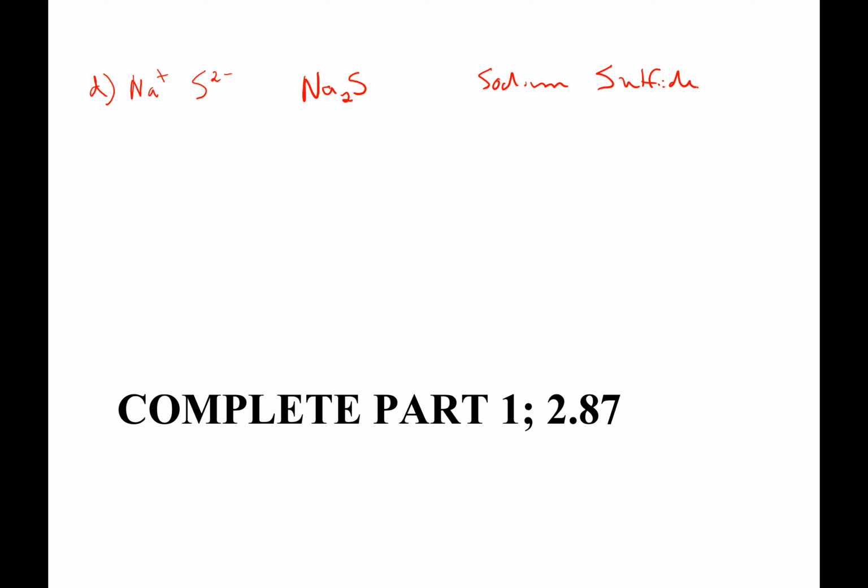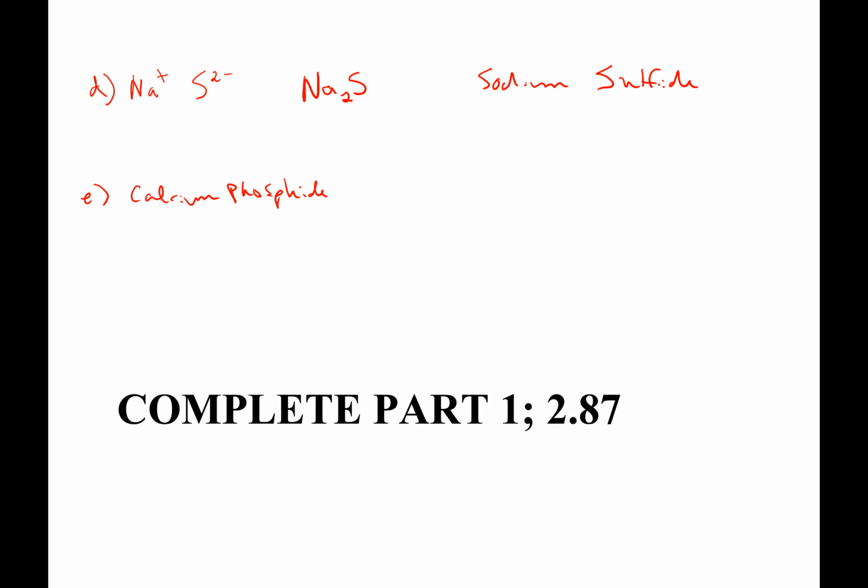So let's skip down to the bottom, and I'll kind of show you how that goes. Let's go to E on the bottom. And so here you're given the name calcium phosphide. The next step I want you to do right next to it is called coming up with the component ions.